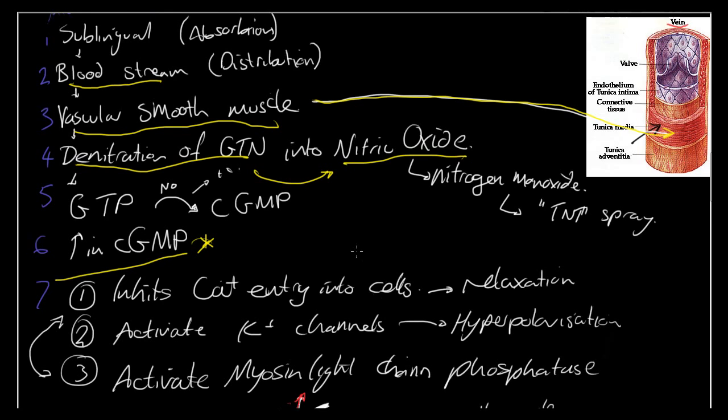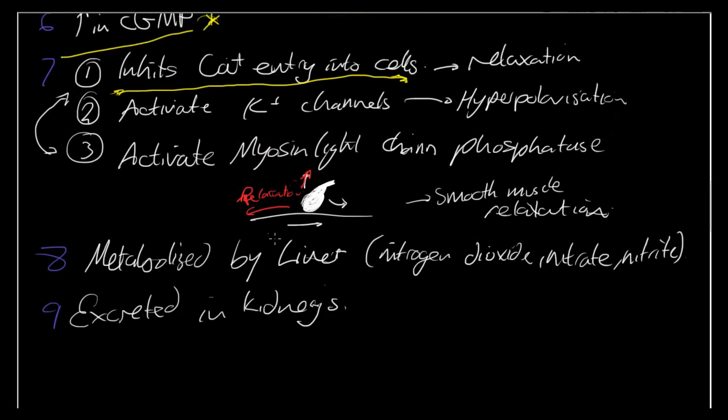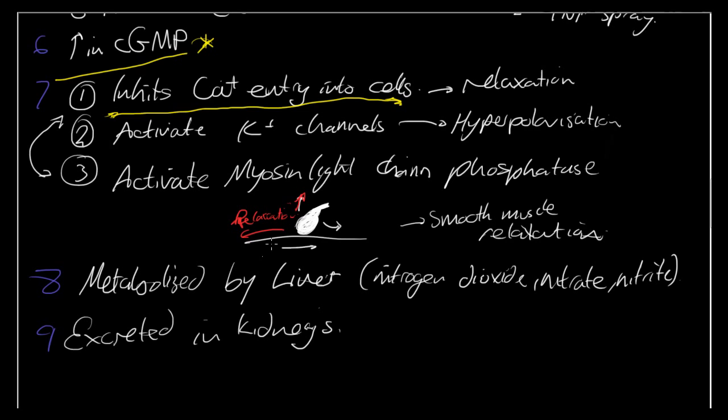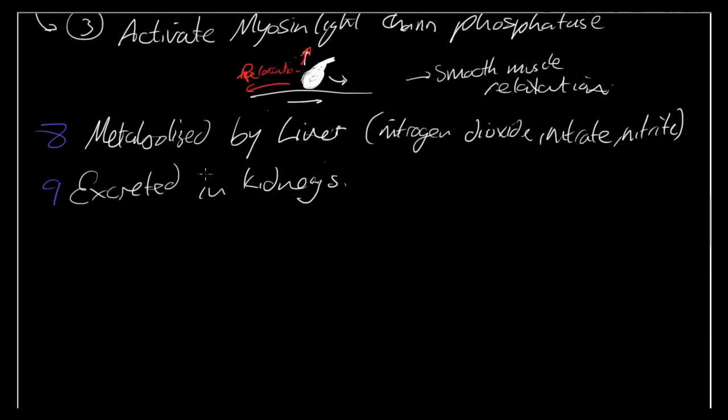And if you're going to remember anything, it inhibits calcium entry to the cells. That's probably the most important factor to remember, which results in hyperpolarization and relaxation. It's metabolized by the liver into smaller metabolites and then excreted by the kidneys. You have to learn that anyway, so we'll underline that.